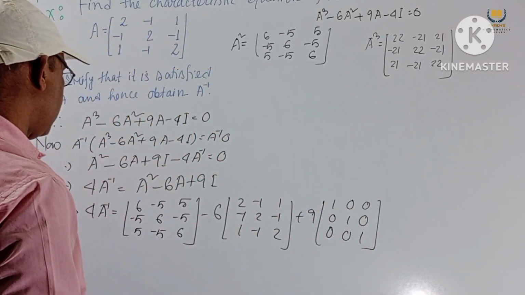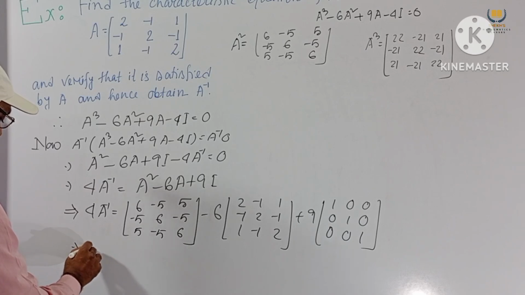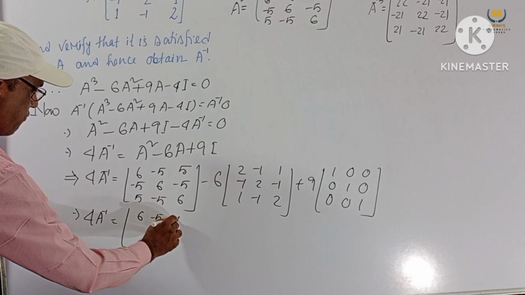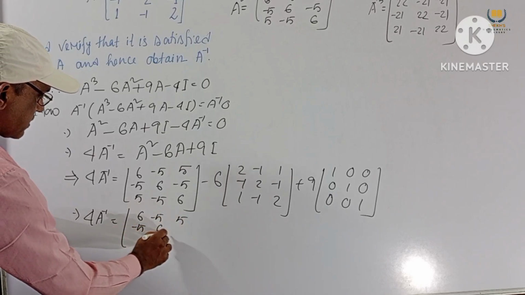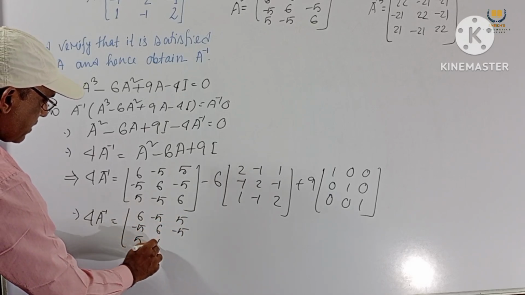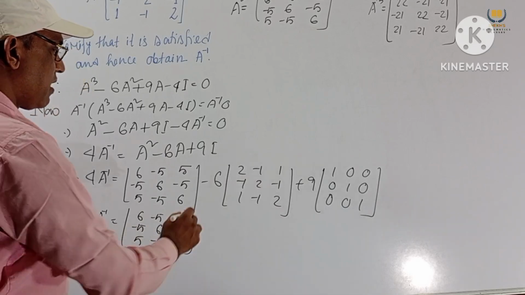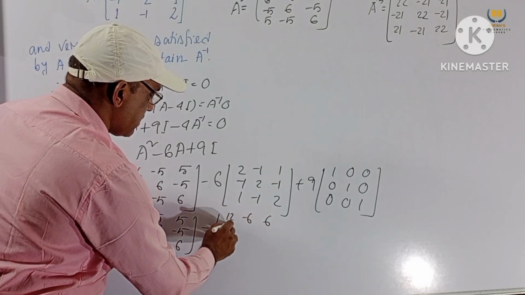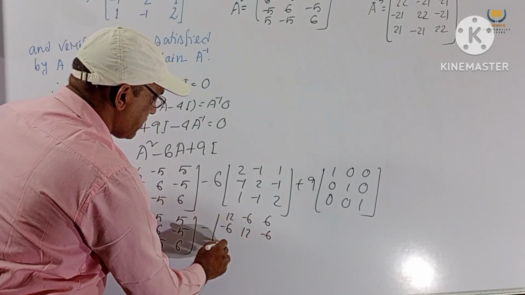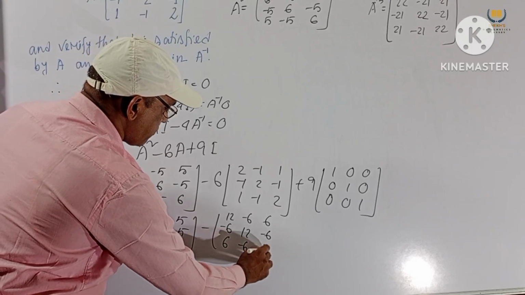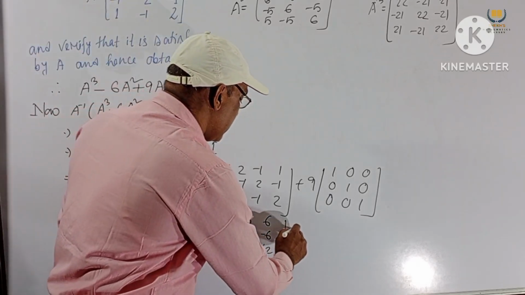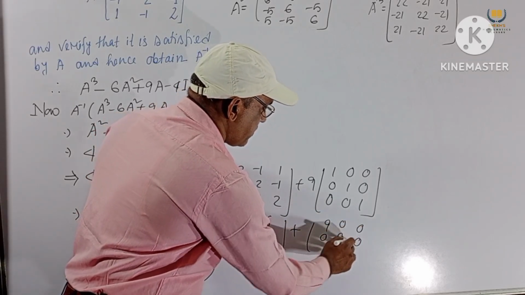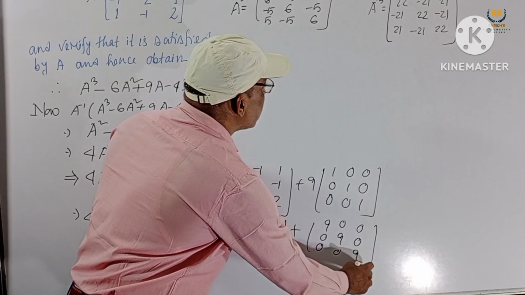We get this. And this implies 4A inverse equal to 6 minus 5 5, minus 5 6 minus 5, 5 minus 5 6, and multiplying all of these by 6, 12 minus 6 6, minus 6 12 minus 6, 6 minus 6 12, and multiplying by 9, this is 9 0 0, 0 9 0, 0 0 9. We get this.